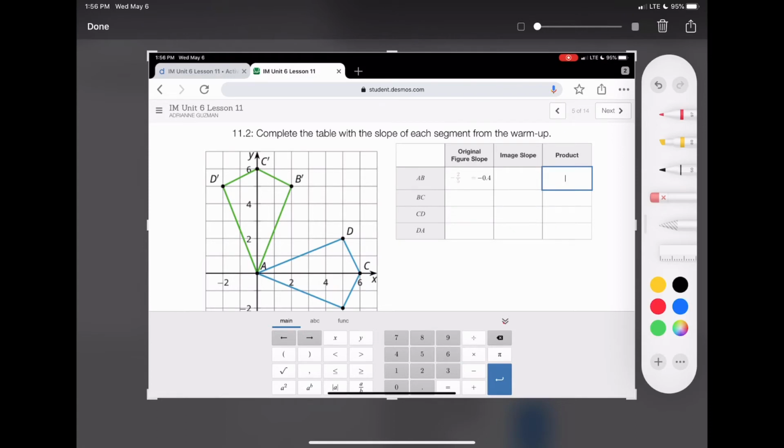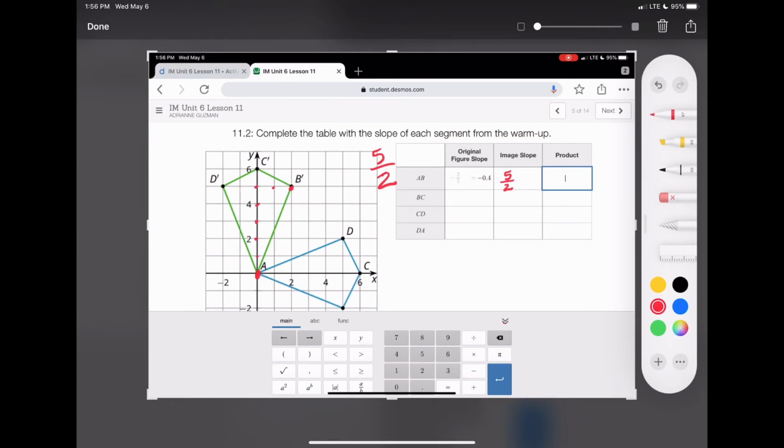So that's this line here. This is the image, after you transformed. So I'm going to go from this point to this point. Rise over run. 1, 2, 3, 4, 5 over 1, 2. And I went up and I went to the right, so that means that's going to be positive.